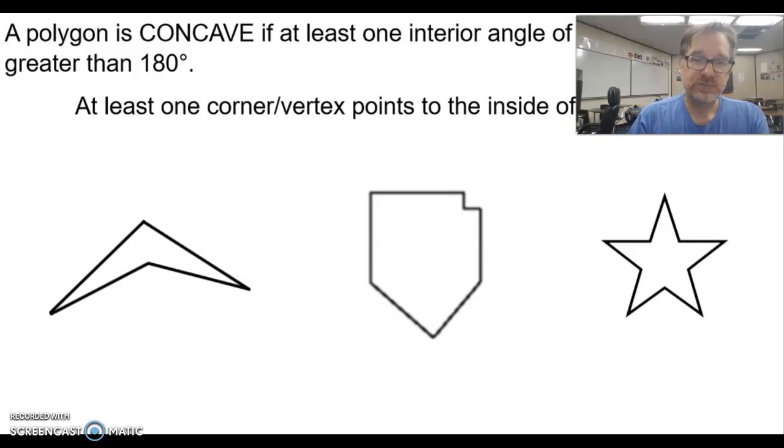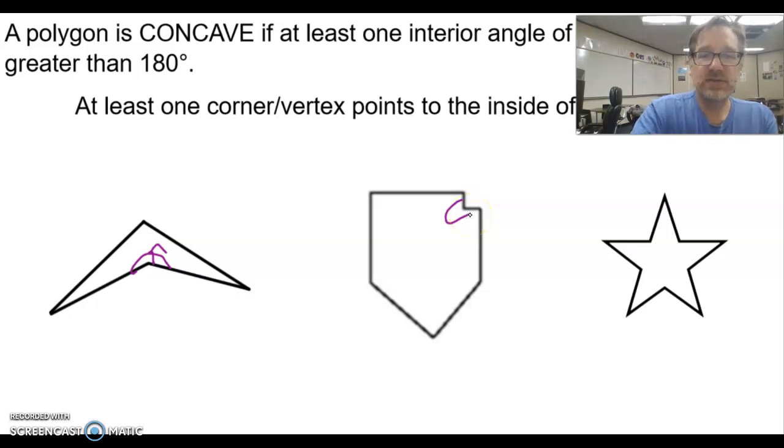So these ones, right here, this angle is greater than 180. How do I know that angle is greater than 180? Because this angle points to the inside of the shape. The one next to it, here's my angle right here that's greater than 180.